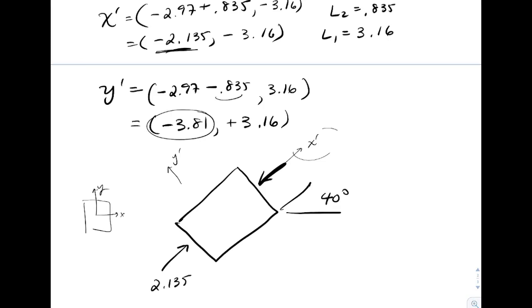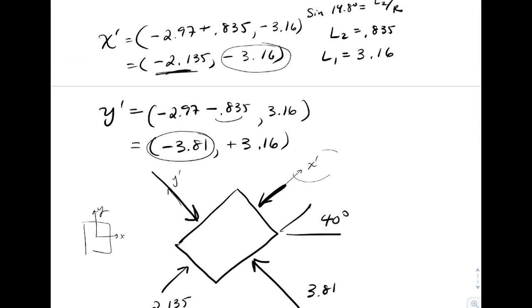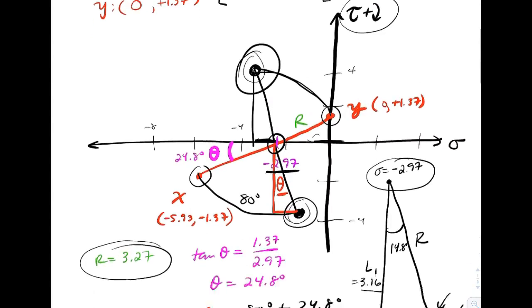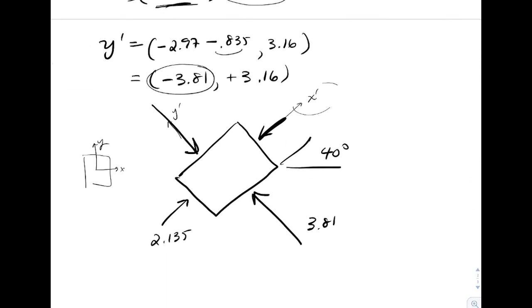Y prime face also has compression, it's bigger compression, 3.81. Shear stress is negative on the x prime face. Negative is going to be counterclockwise. So down here I'm going to draw a shear stress that would cause the element to rotate in a counterclockwise direction. If I can draw one, I can draw all four. 3.16. So there's the rotated state of stress.